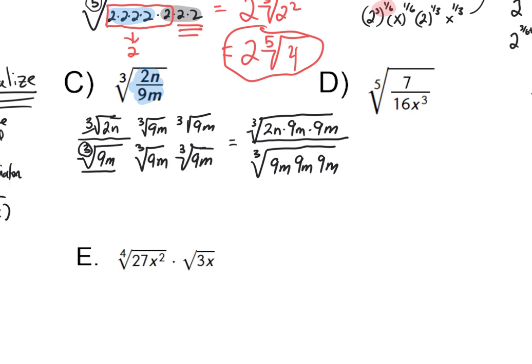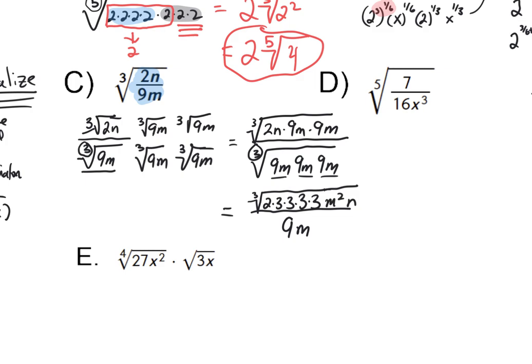Notice on the bottom, I have a group of 3 9m's, and I'm taking the cube root, which means the cube root cancels out, and I just have a 9m on the bottom. The radical is gone. On top, I'm just going to combine and rewrite 2 times 3 times 3 for the first 9 times 3 times 3 for the second 9, m squared n.